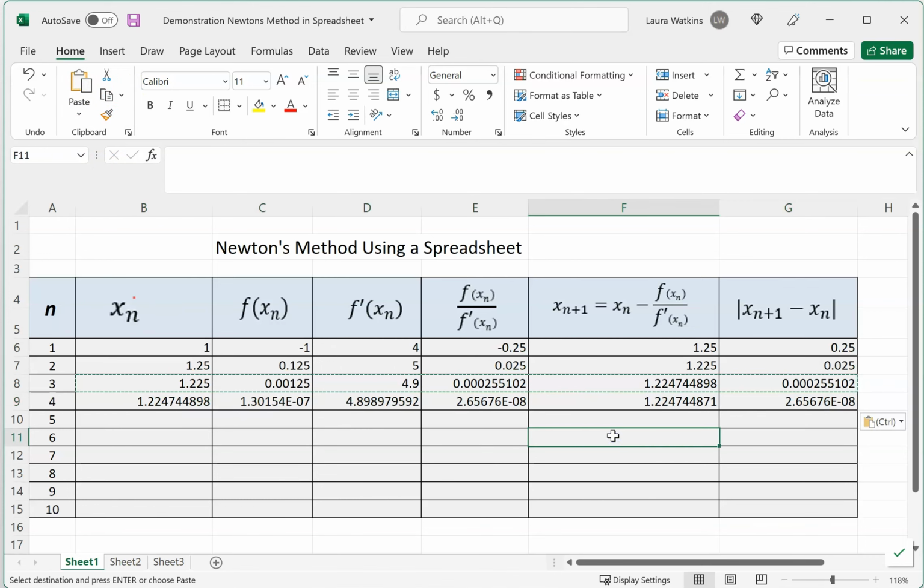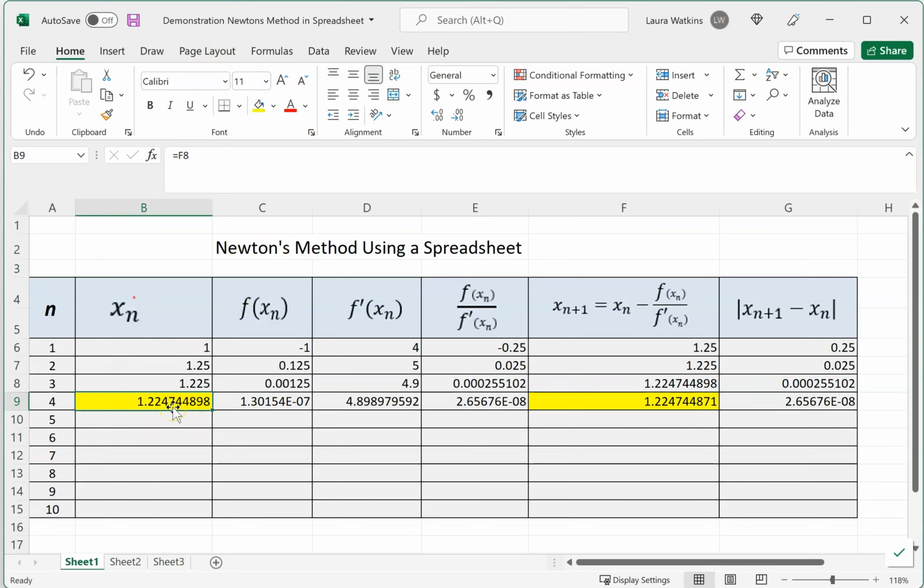Oh, and look what we have here. We have our result from the previous iteration, 1.224744898, and of course there are more decimal places there. But what we're interested in here is comparing the two iterates.